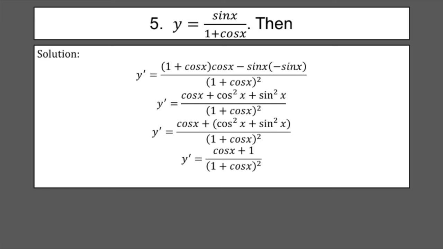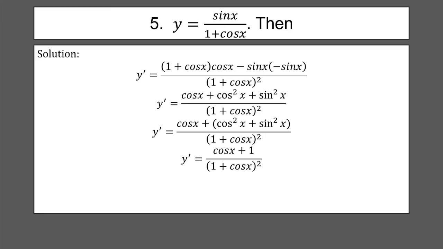So we have y prime equals cosine x plus 1 all over 1 plus cosine x squared. You see, we can cancel some terms here, which is the cosine x plus 1, both in the numerator and denominator. At last, we obtain our final answer, which is y prime equals 1 all over 1 plus cosine x.